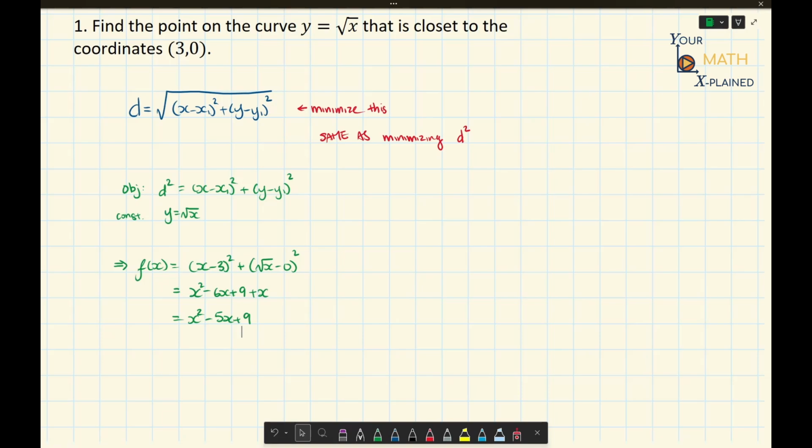So now we can go ahead and take the derivative so that we can find our critical points, which means we get f prime of x is equal to 2x minus 5, and then we're going to set it to 0. So we get 0 is equal to 2x minus 5, which means our critical point here is x is equal to 5 over 2.